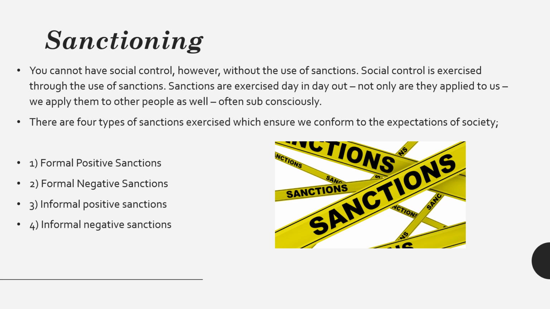So by exercising sanctions, you do two different things. First of all, you administer disapproval or punishment to the individual or group of individuals who have behaved in a particular way that goes against the social norms or values.